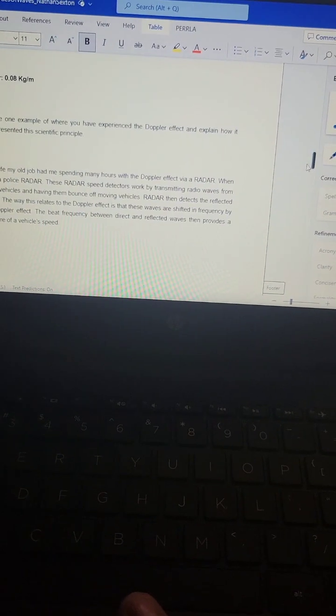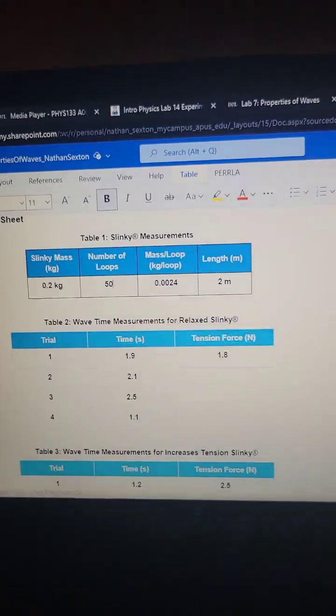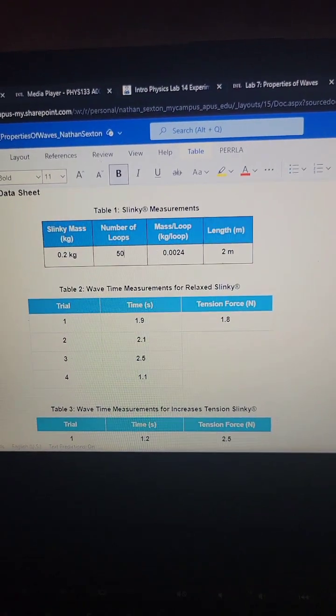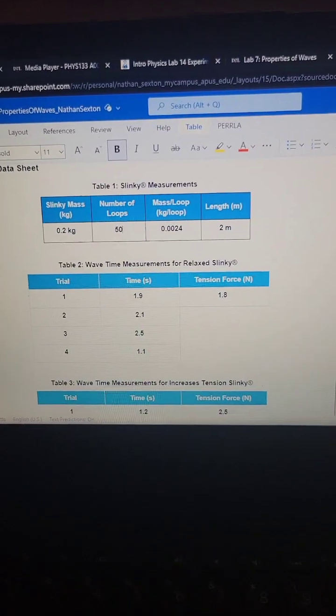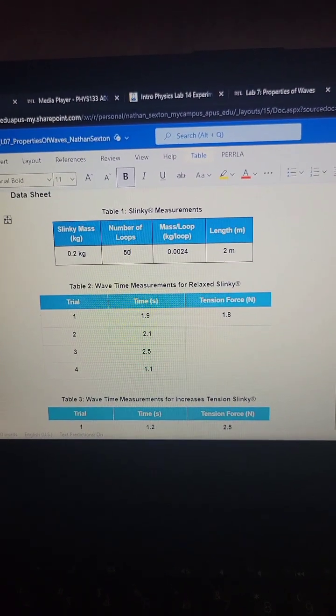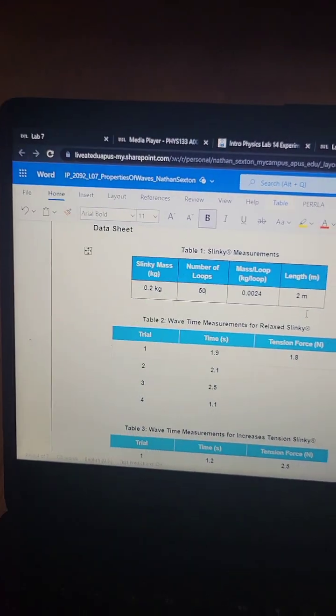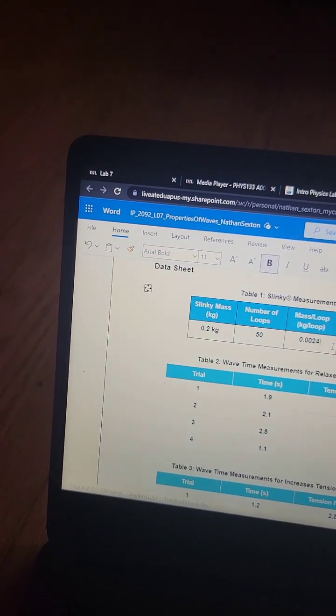So we got our math here. Let's get into the meat and potatoes of everything. Past the Doppler effect, and here we are. This is what I was describing. We got our kilograms and our loops. Looks like we have a mistake here. I'll fix that.